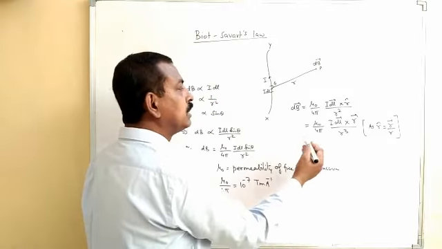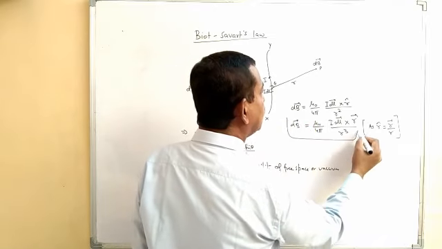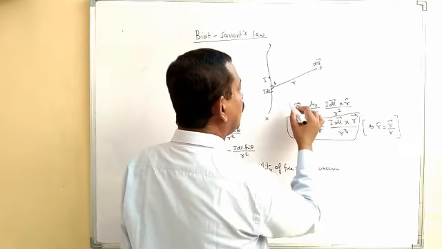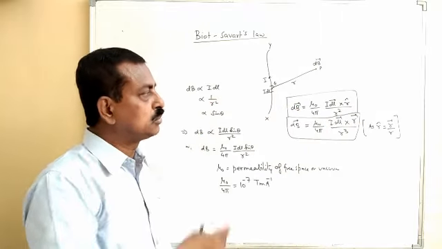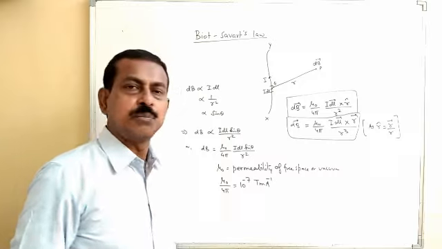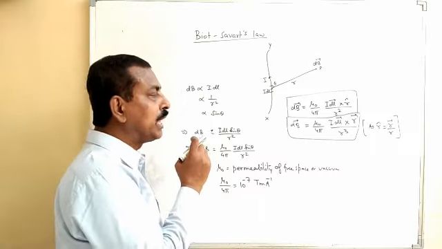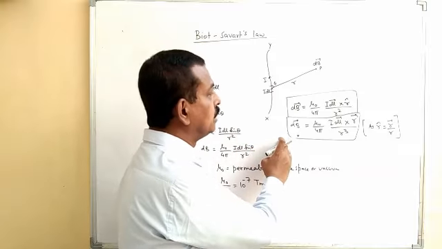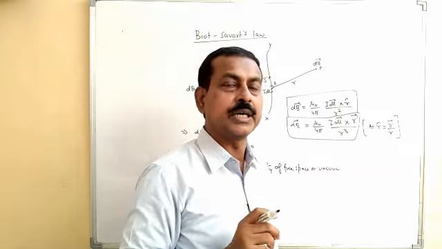So this is dB. Either you can write it in this form or in this form, in terms of the unit vector or the position vector. This is how we express magnetic field intensity at a point due to a current element.